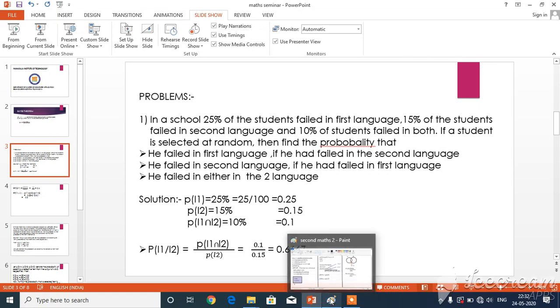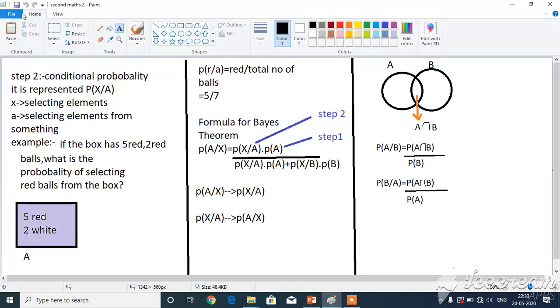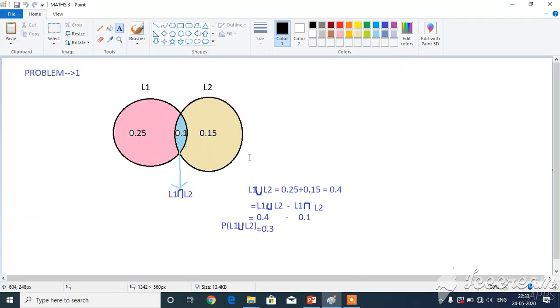We can find it with a diagram, which makes the problem easy to understand. L1 is the first language and L2 is the second language. L1 is 0.25, L2 is 0.15, and the intersection, the failure in both, is 0.1. To find L1 over L2, we have to consider L2 as the whole sample space.